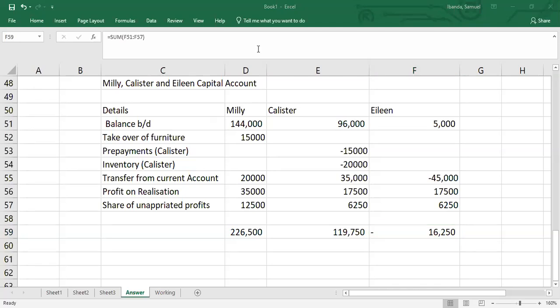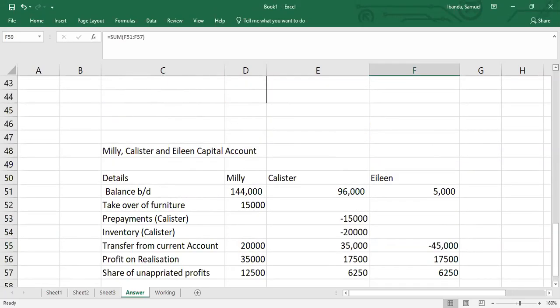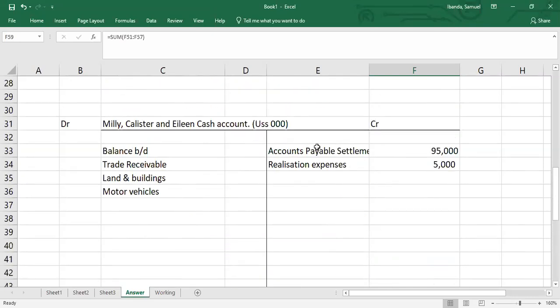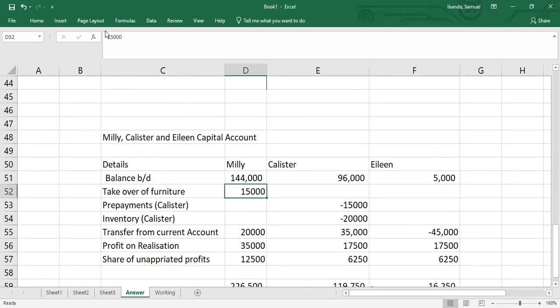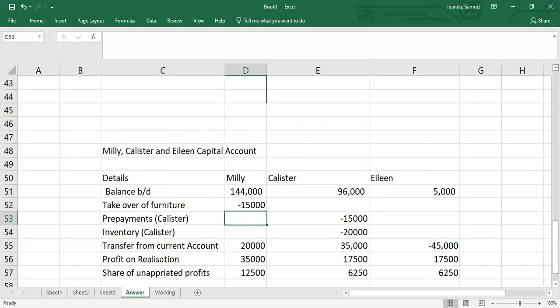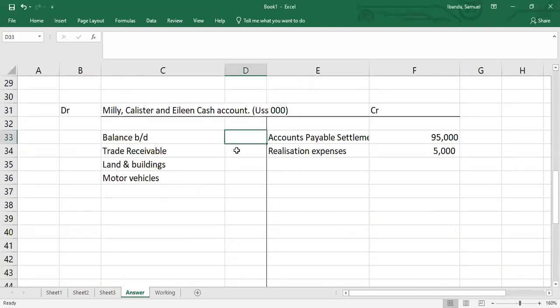Okay. So now what this means is that this lady Ellen, I think a column is missing on the cash account. I think I also deleted that one as well. Okay, I think I deleted it. Takeover by furniture is negative. Yeah, this is negative. Thank you. I think I also deleted the other one by mistake, but I can fill in the figures anyway. So the transfer, the receivables here, this guy is paid 30 million, remember. Land and building and motor vehicle, let me just pick them.